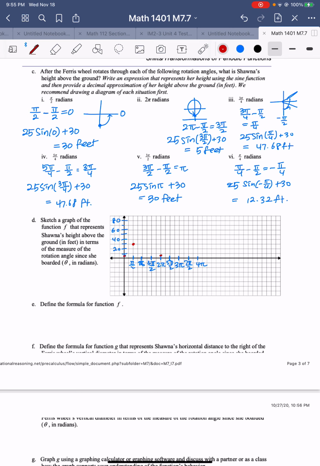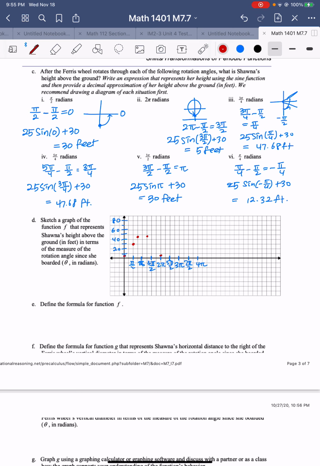And then the 3 pi over 4. So 3 pi over 4 is in the second quadrant, half of it, which is 14.7 here. And then 5 pi over 4 is in the third quadrant, between pi and 3 pi over 2, which is 47 over 8.